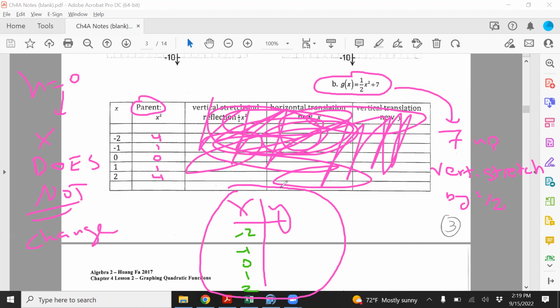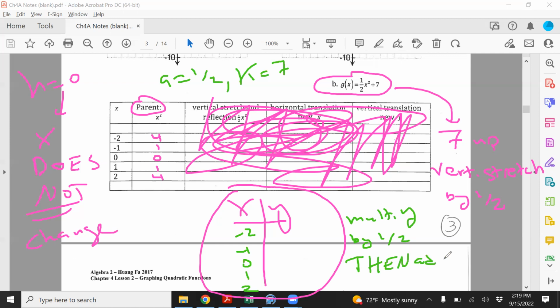Now, A is 1/2 and K is 7. So what I'm going to do is multiply Y by 1/2. Then, I emphasize the word then, add 7 to y.